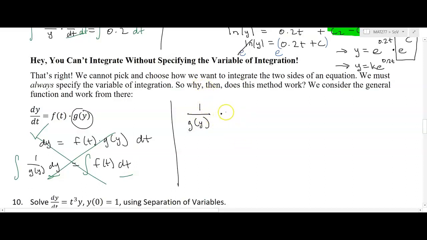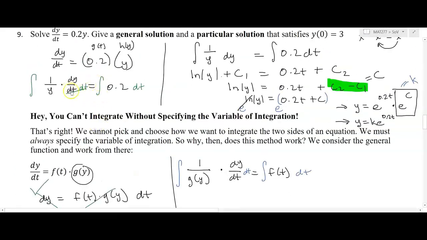And so then we have 1 over g of y dy dt equals f of t. And now, when you go ahead and integrate that with respect to t on both sides, the dt's cancel out. And that's the step that we performed here.